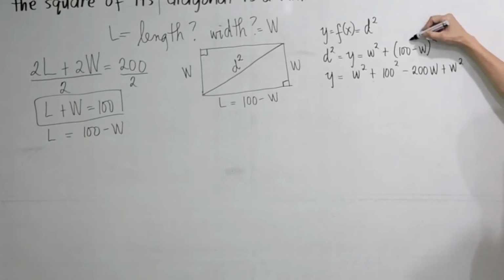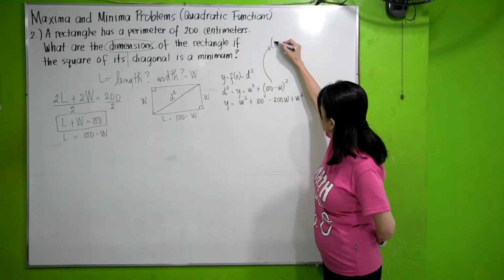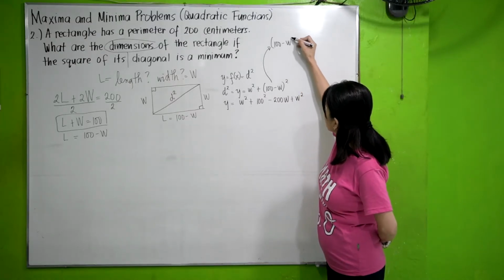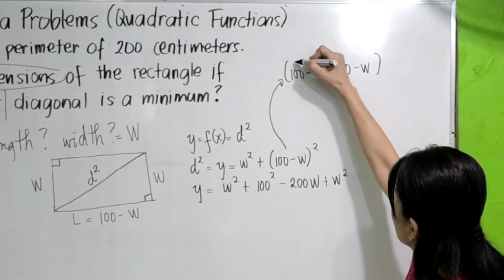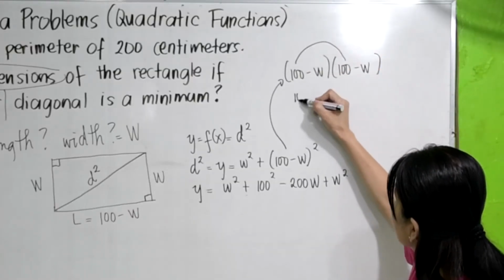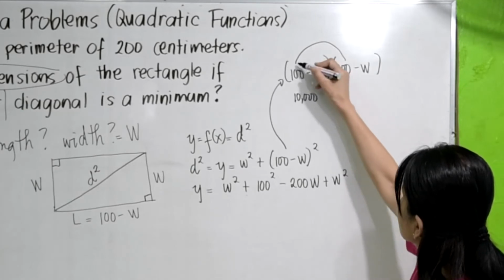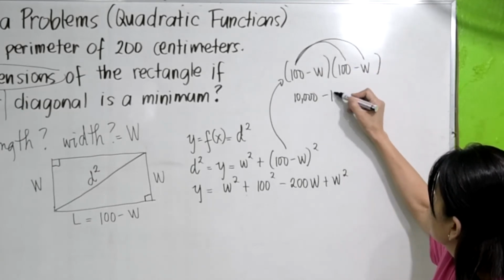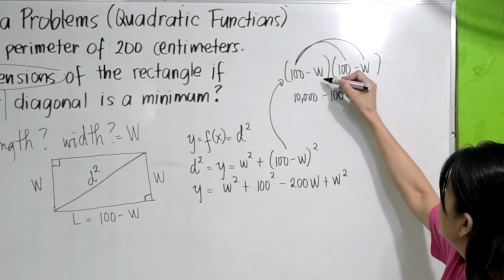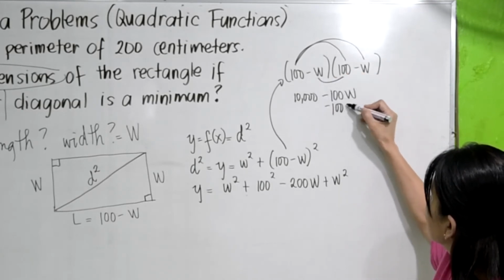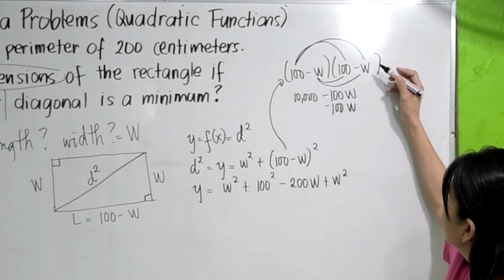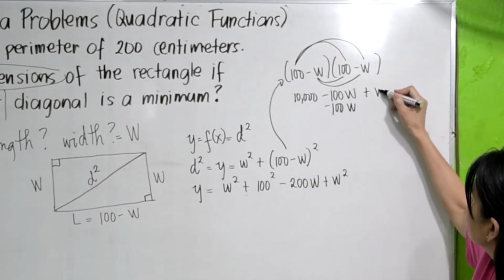If you're having a hard time doing that, then you can do it the long way. 100 times 100, that is 10,000. 100 times negative W, that's negative 100 W. Negative W times 100, that's negative 100 W. Negative W times negative W is W squared.